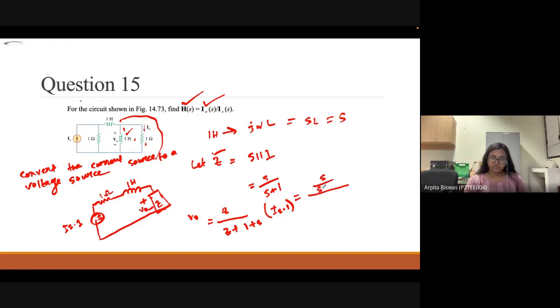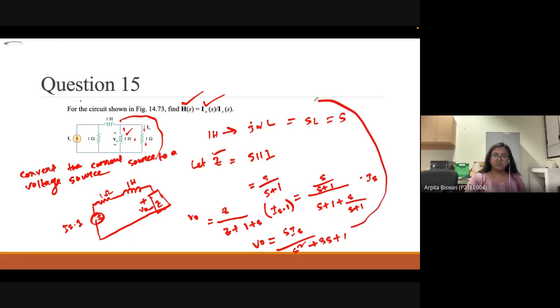Is by s plus 1, s plus 1 is 1, s plus 1 into Is. Okay. What is the value? s into Is by s square plus 3s plus 1. Okay. This is the value of V output.